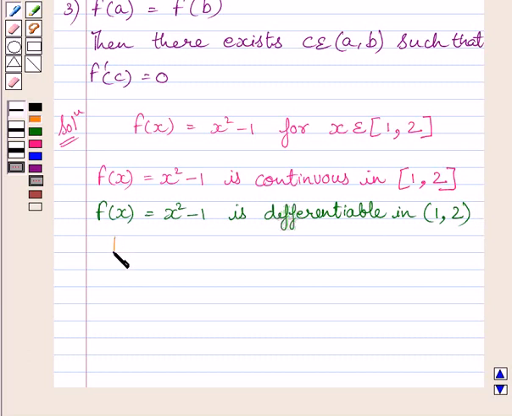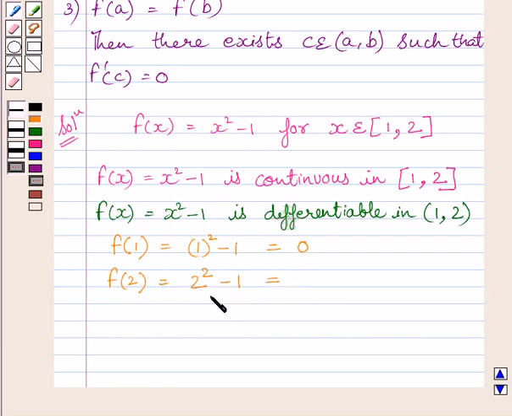Now we will find f(a) and f(b). We know value of a is 1 and value of b is 2. So first of all let us find out f(1). This is equal to square of 1 minus 1. Simplifying we get f(1) is equal to 0. Now let us find out f(2). f(2) is given by 2 square minus 1.